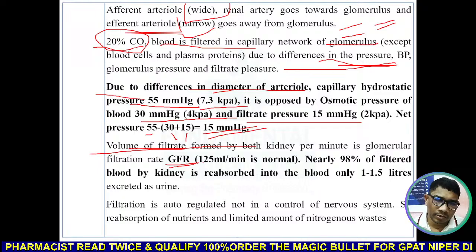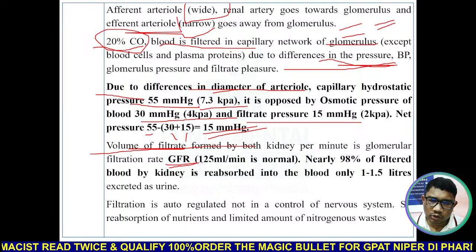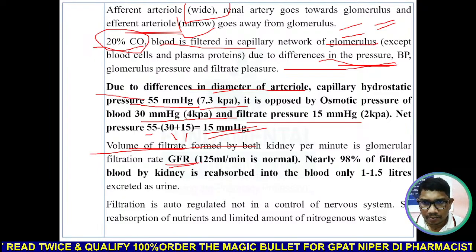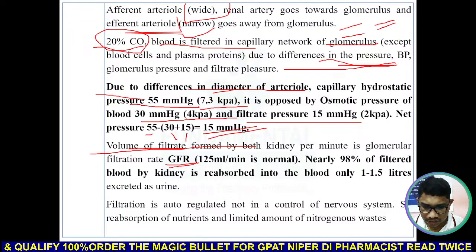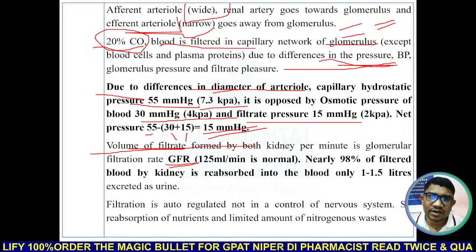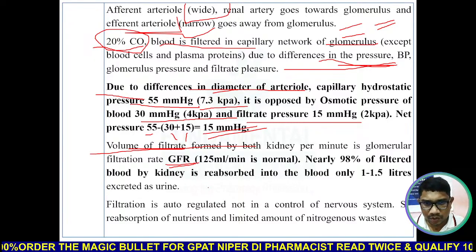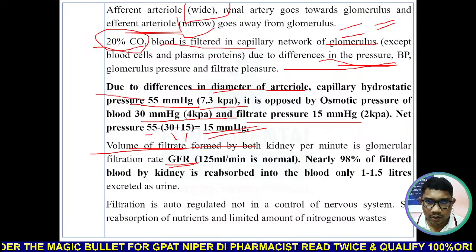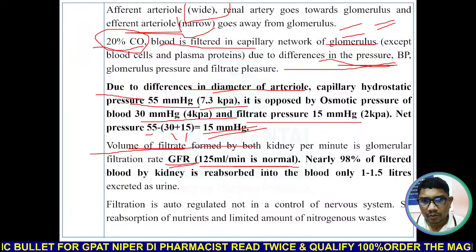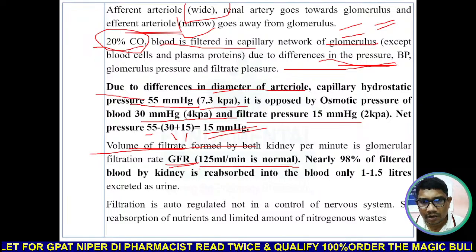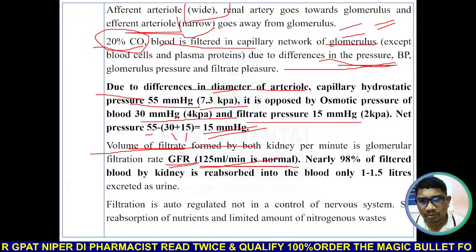Volume of filtrate formed by both kidneys per minute is the glomerular filtration rate, GFR. A question comes on this: what is a normal GFR? 125 ml per minute is the normal value of GFR.